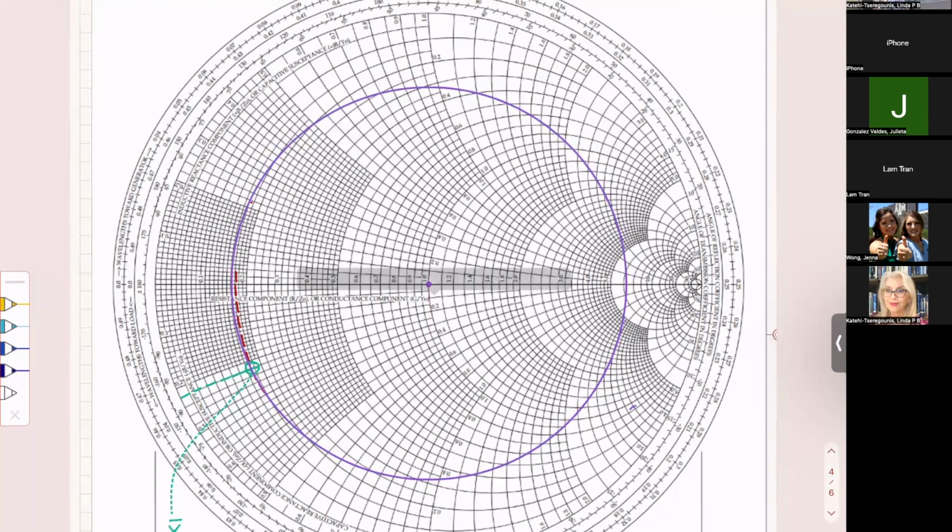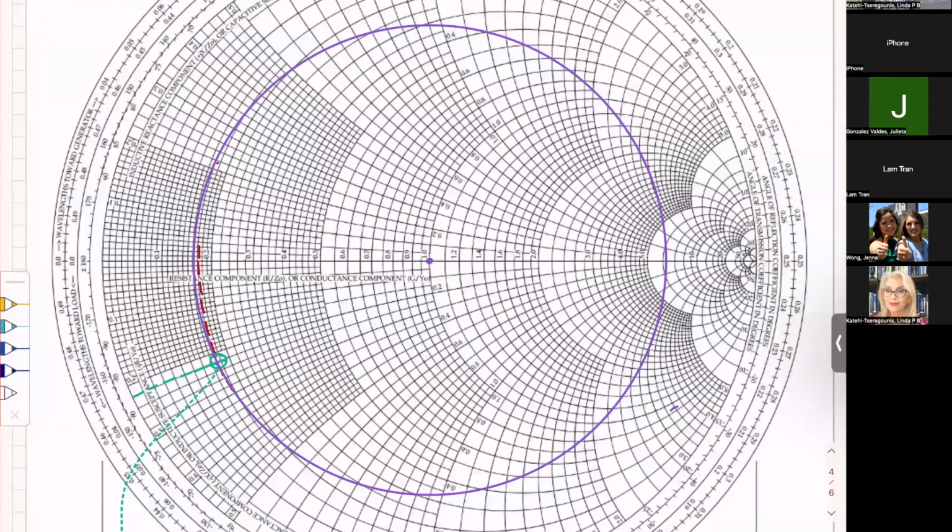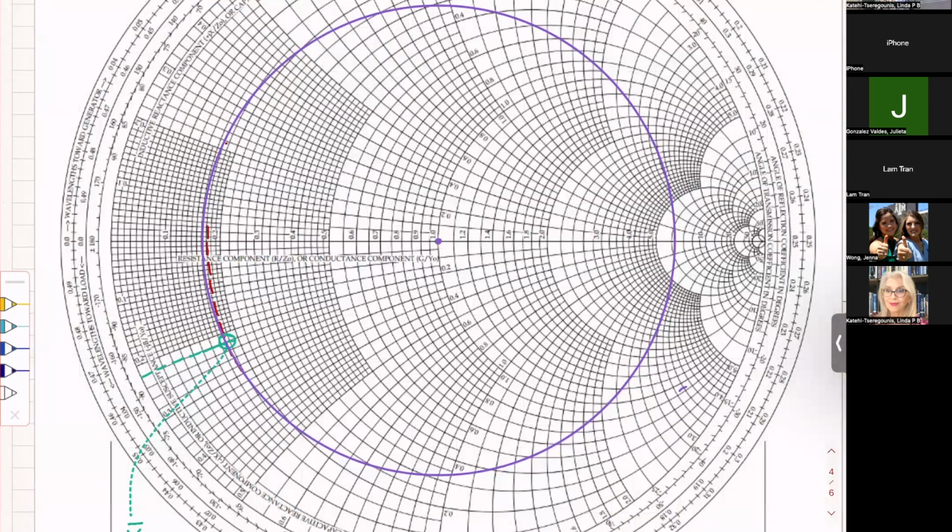Okay, so now I will have to move towards the generator, which is here. Oops.